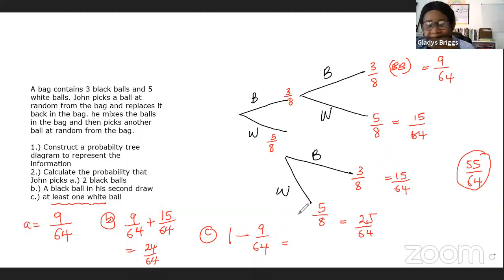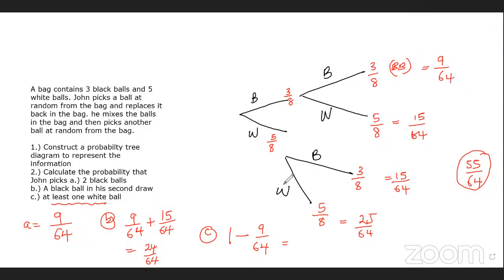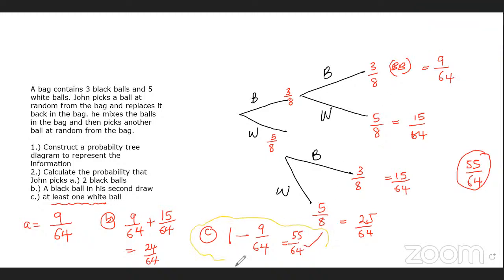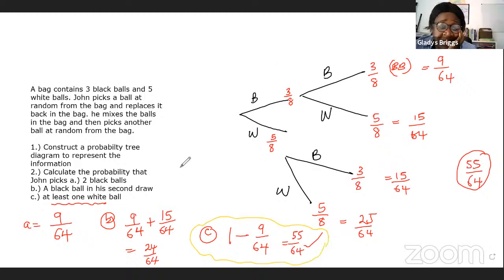And what do you get? 55/64. That's another way to do it, okay? That's a much more efficient way to do it. But definitely you can do 15 over 64, add 15 over 64, add 25 over 64.